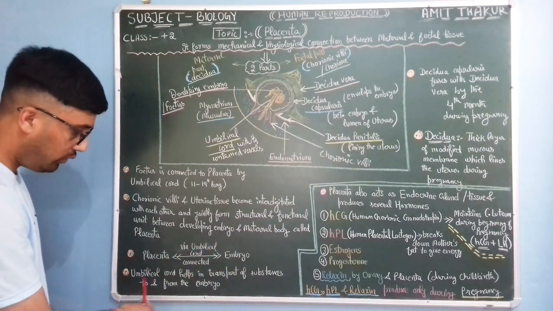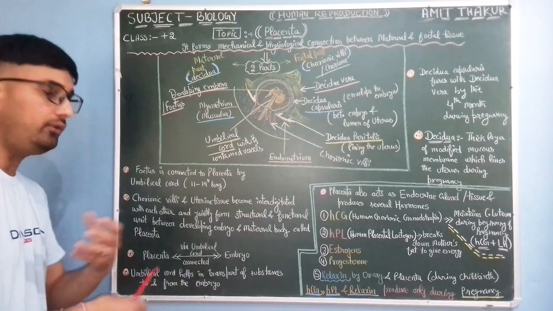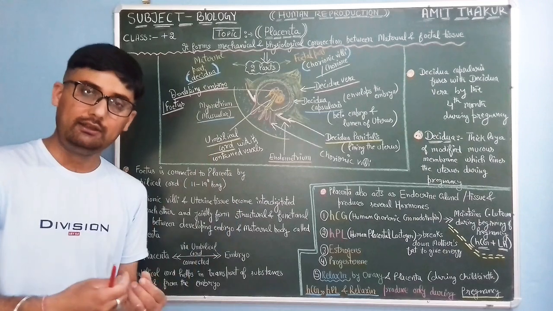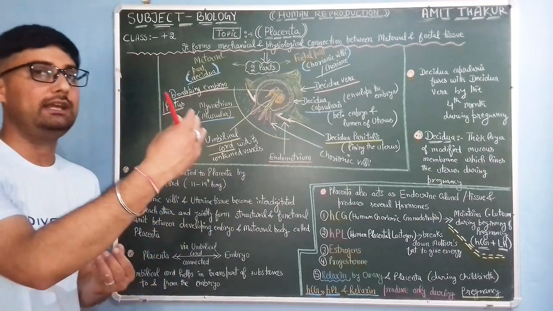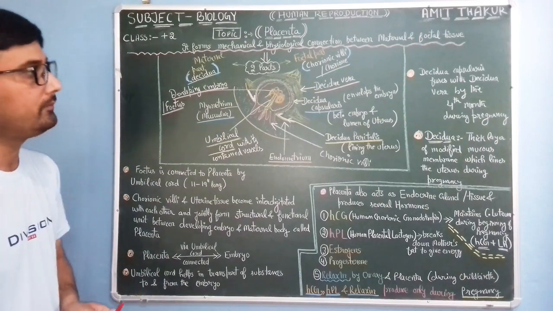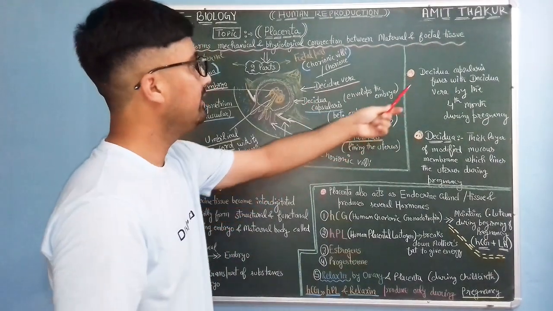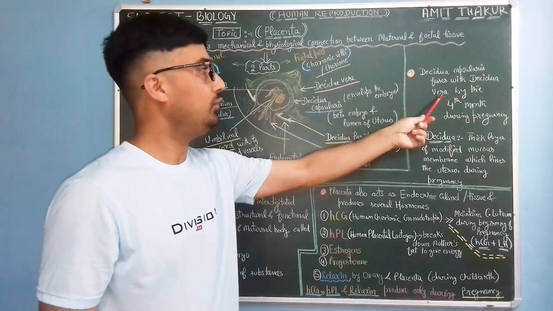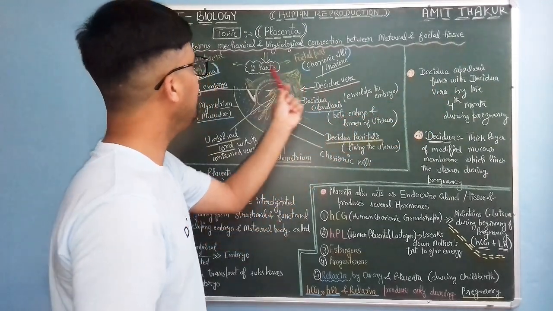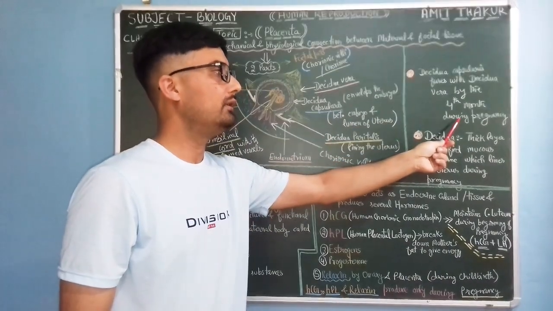This umbilical cord helps in transport of substances to and from the embryo, यानी embryo के अंदर और embryo से बाहर भी वो चीज़ जाएगी, तो वो किसके थ्रू जाएगी? Umbilical cord के थ्रू. Okay. This decidua capsularis fuses with the decidua vera, all of these maternal parts, by the 4th month of pregnancy.